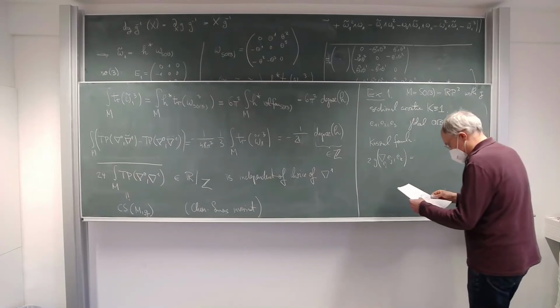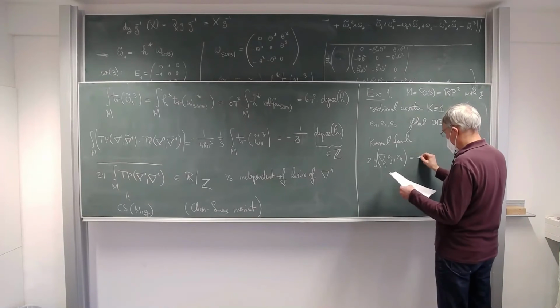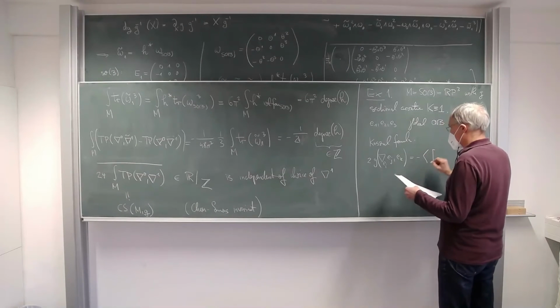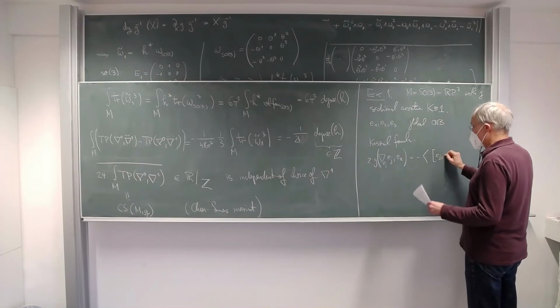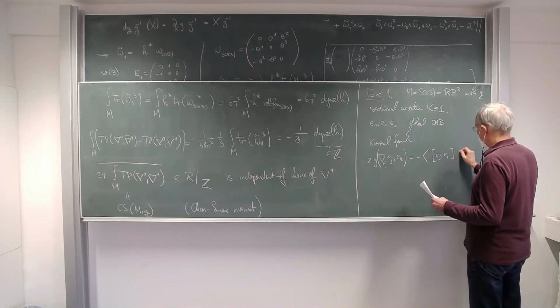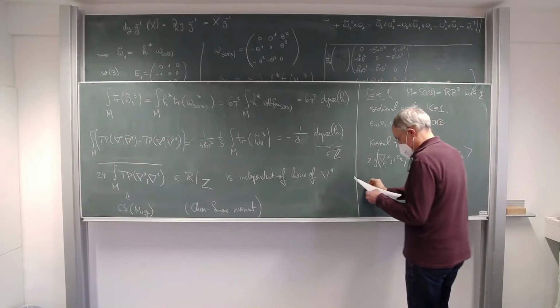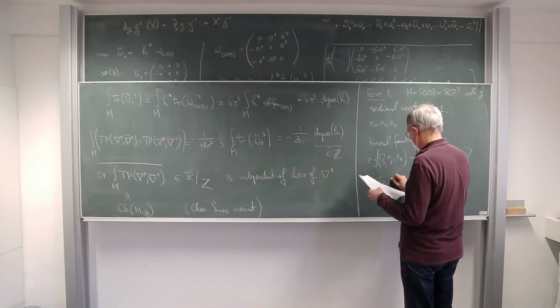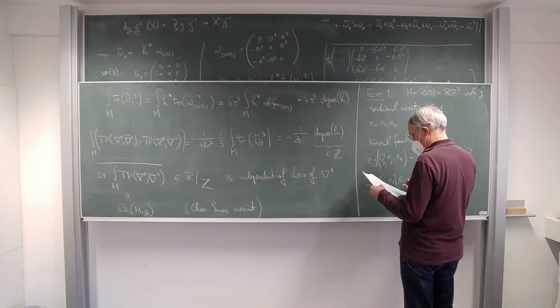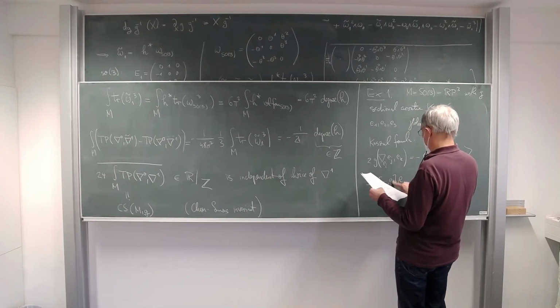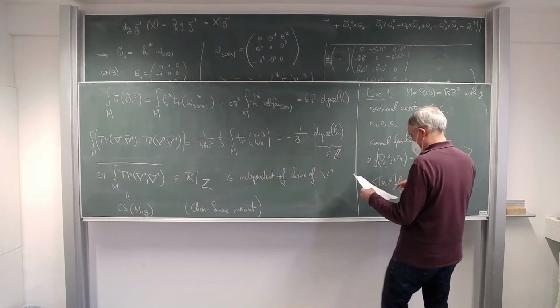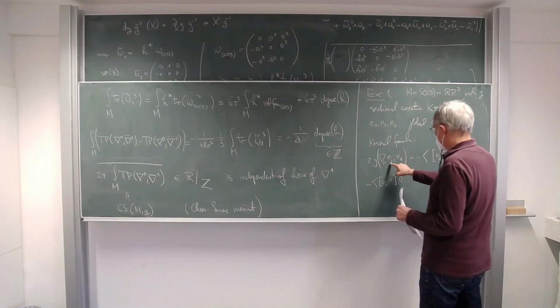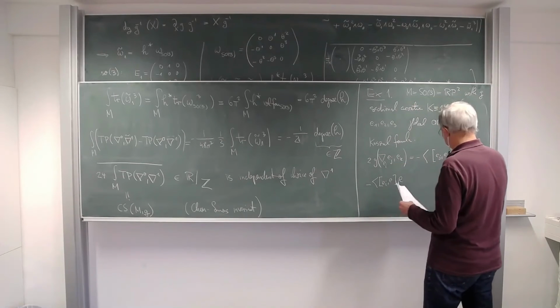And so to get the signs right, let me write it down. So this is minus the Lie bracket of E_J, E_I multiplied with E_K, minus the Lie bracket of E_I, E_K multiplied with E_J, this is the opposite.